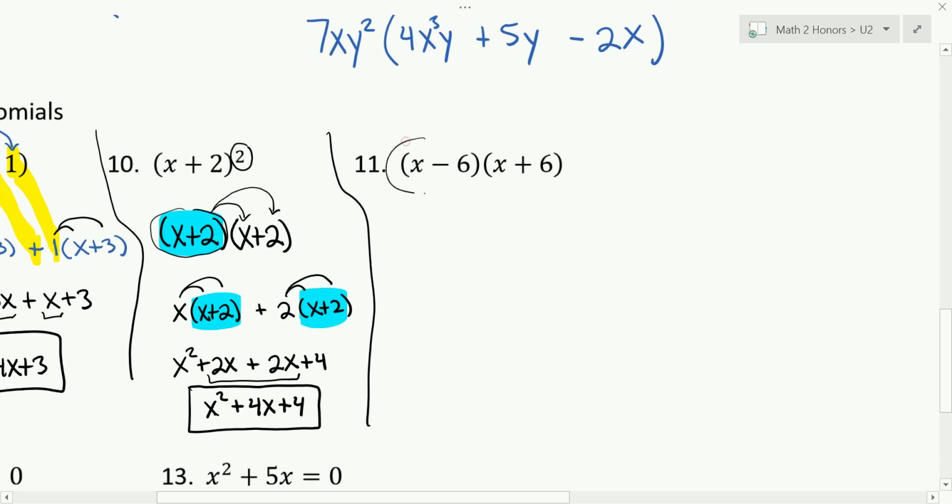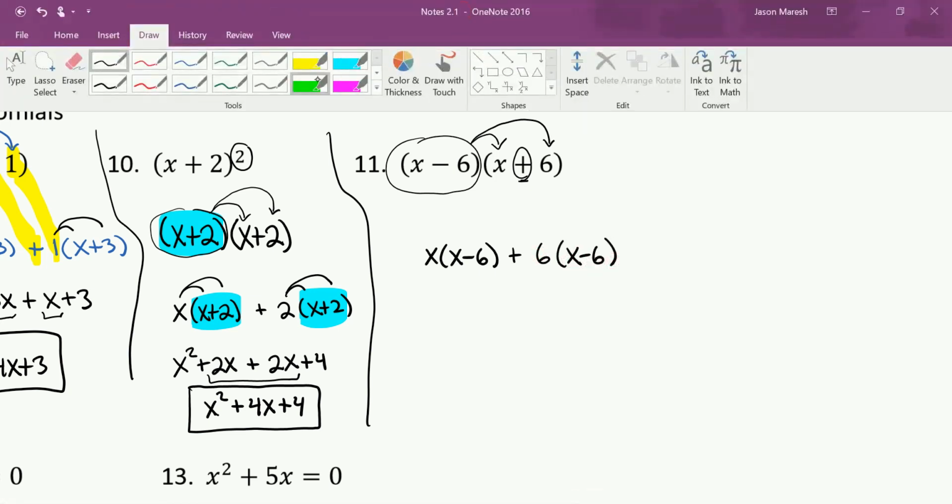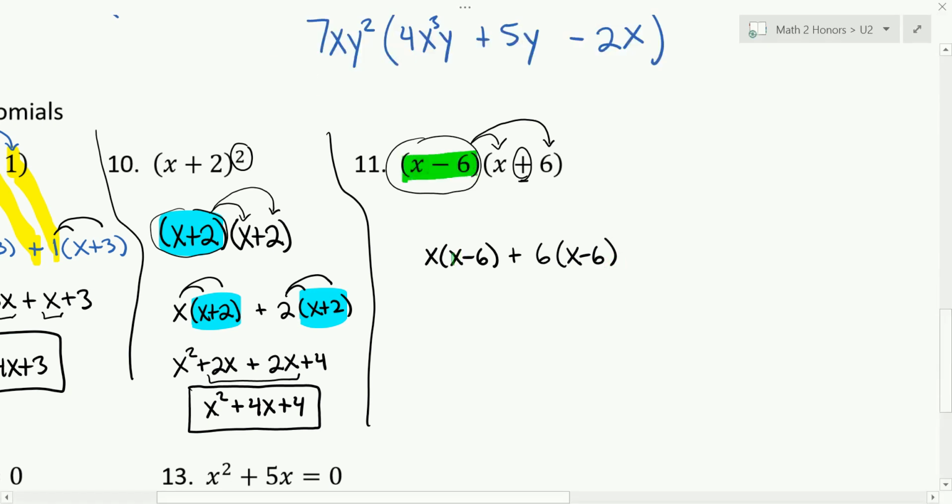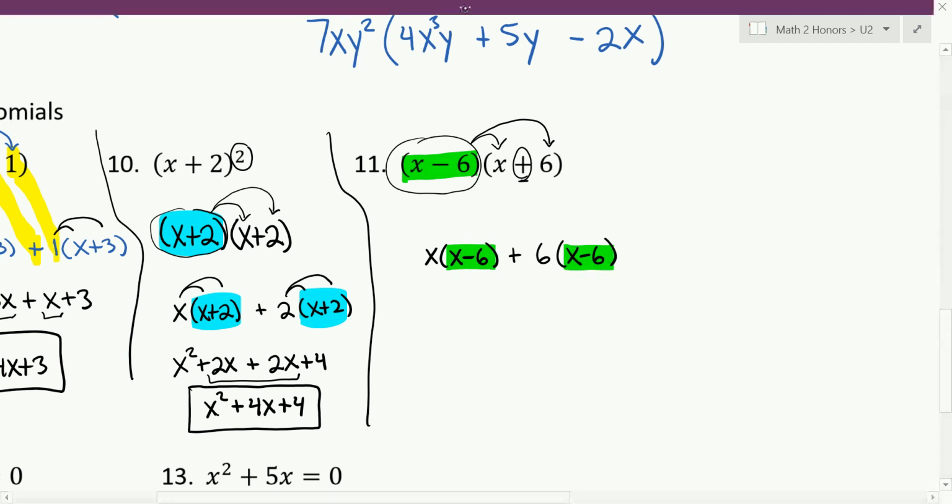In writing this out, you distribute the x minus 6 to the x, and you write x times x minus 6, and then a plus sign. Then I distribute to the next one, and I get 6 times another x minus 6. So the x minus 6 has been distributed to the x, and to the 6. That's your first step.